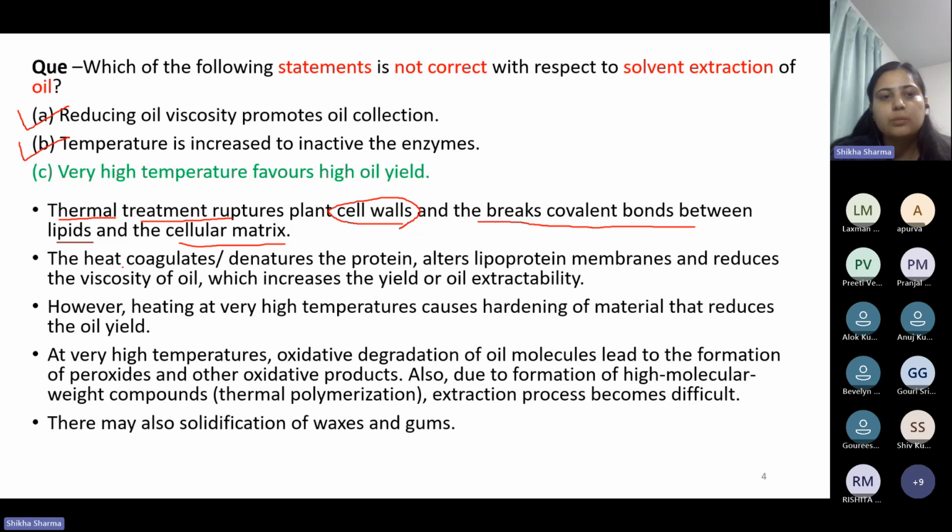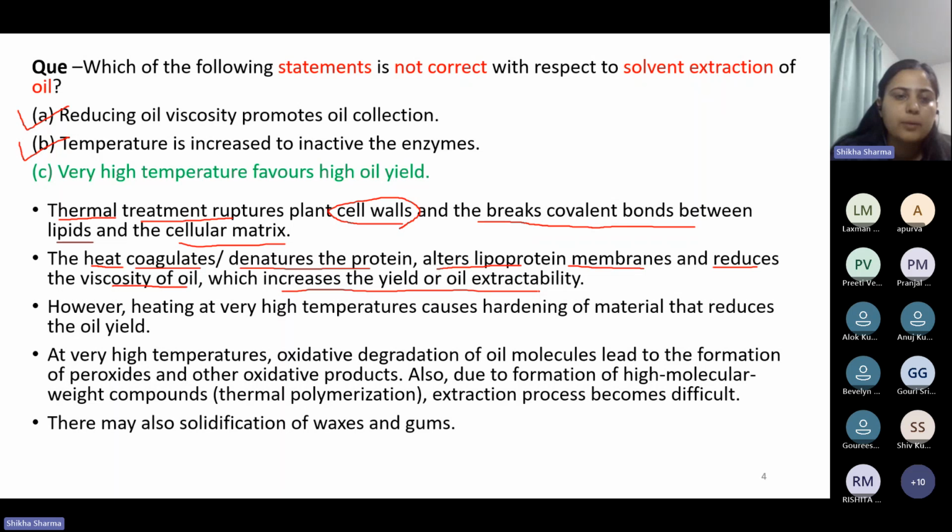When we increase the temperature, coagulation or denaturation of the protein also occurs, which alters the lipoprotein membrane, reduces the viscosity of the oil, and also increases the yield or oil extractability.